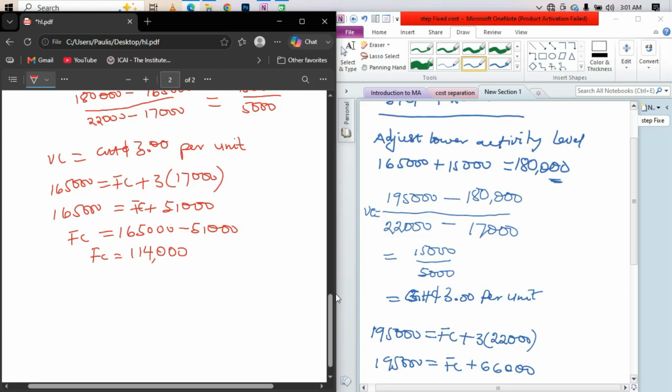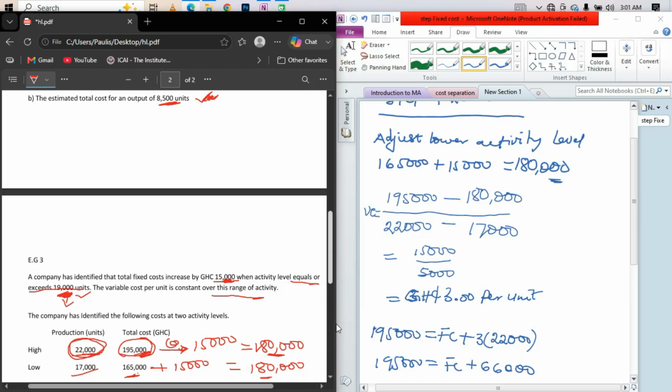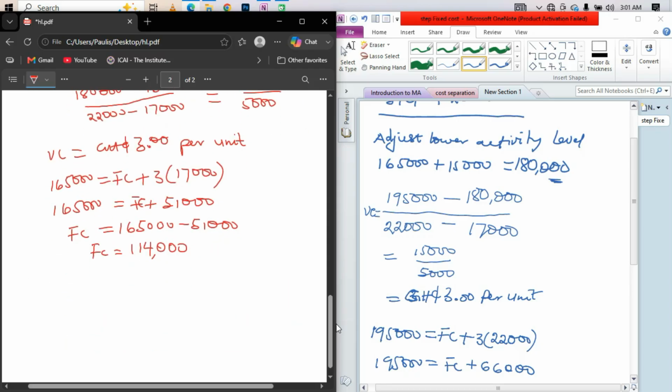So this one, after doing this, is the fixed cost of the lower activity level. So to get the fixed cost of the high activity level, they say the fixed cost increased by 15,000. So the high activity level should be 15,000 plus 114,000, and that will give me what? 129,000.